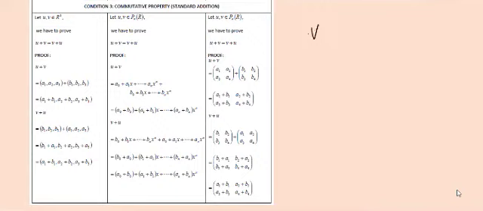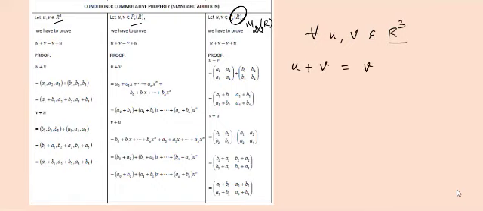For every two vectors in the vector set, it may be anything, R3 or Pn of R, sorry, here the content must be M2 cross 2 of R. For every two vectors in a vector set, U plus V must be equal to V plus U. Already in the first property we have found out U plus V. That is what we are doing in all the cases. The next thing we are going to find out is V plus U. Again, we are just changing the order of addition.